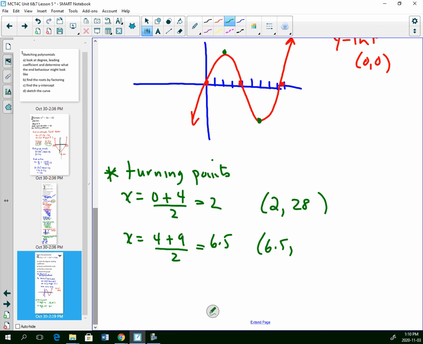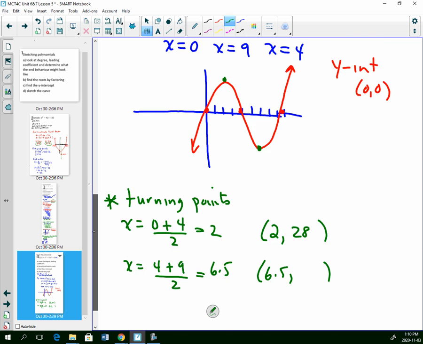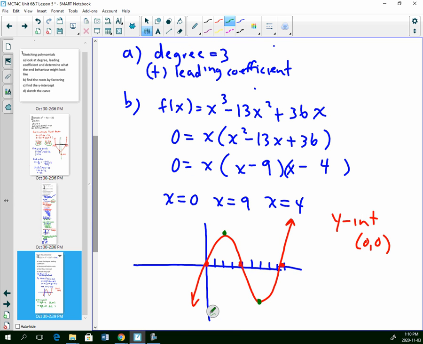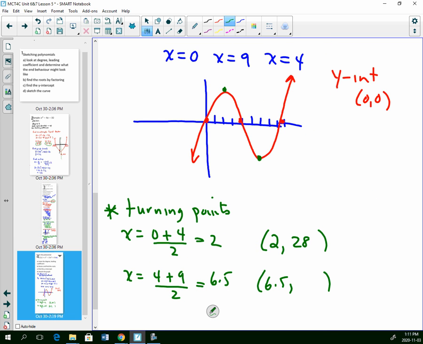And if it was at 6.5, 6.5 to the power 3, minus 13 times 6.5 to the power 2, plus 36 times 6.5, so about minus 40.6.